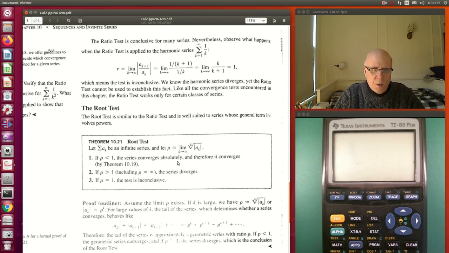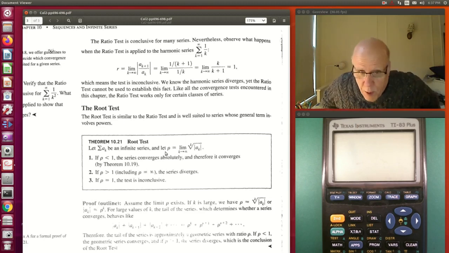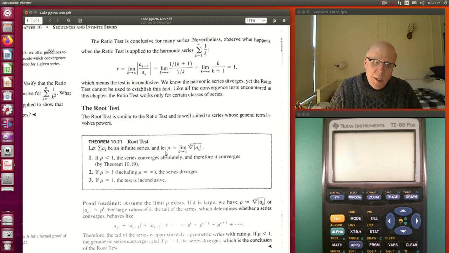Because these tests, both the ratio and the root test, are really designed to tell you that the series converges absolutely, which is nice because if it converges absolutely, then of course it converges, period. And the fact that we can take an absolute value in here gets us away from having all the even-powered roots go undefined if a sub k is negative.